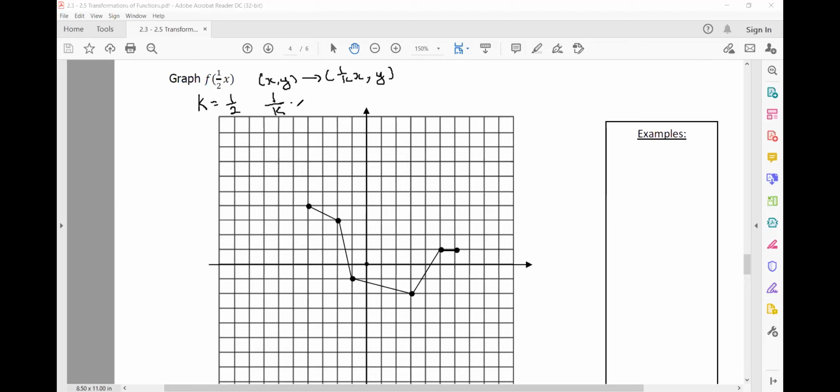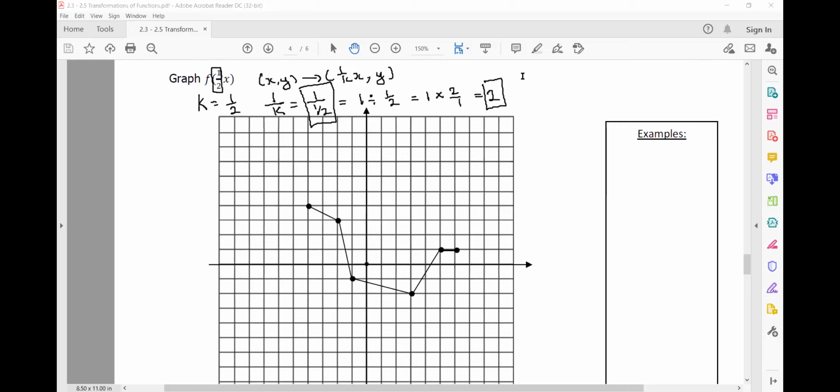What is 1 over k? 1 over k is 1 over 2, which is the same as 1 divided by 1 over 2, which is the same as multiplying the reciprocal, which is the same as 2. Multiplying by 1 over 2 is the same as multiplying by 2. This is why when you see this as a fraction, you're essentially multiplying what we would say is the reciprocal.